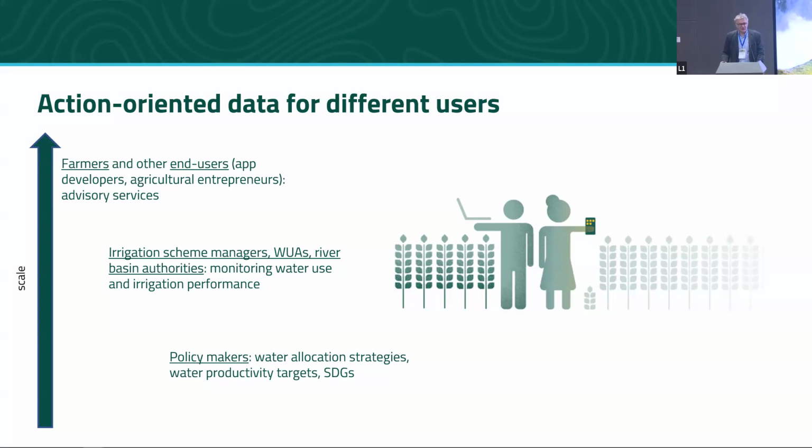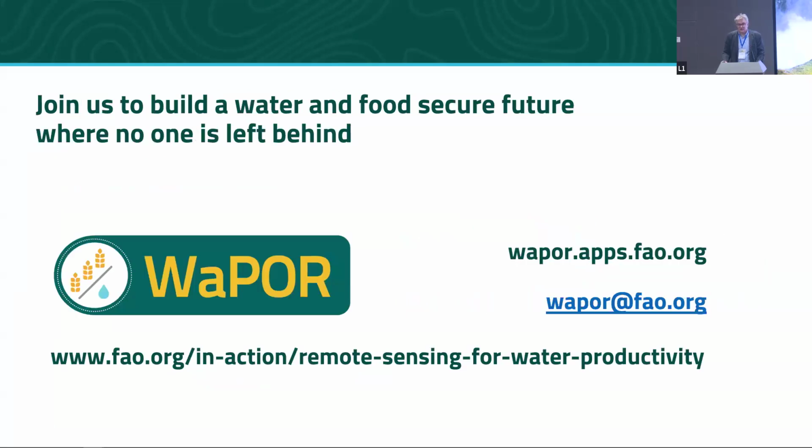So that's where we have to move indeed from the data to the knowledge and to actionable information for farmers. That's about it. You see over here the URL for the website, and also the email address if you want more information. Many thanks.